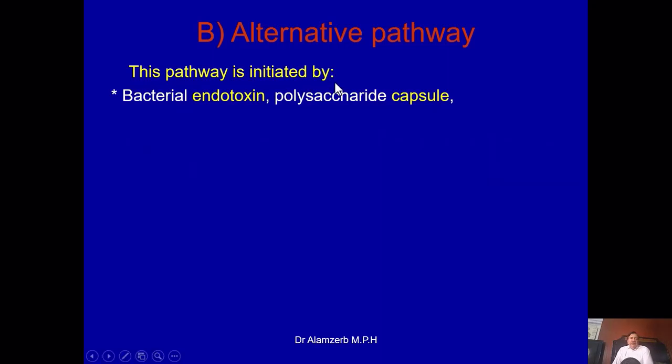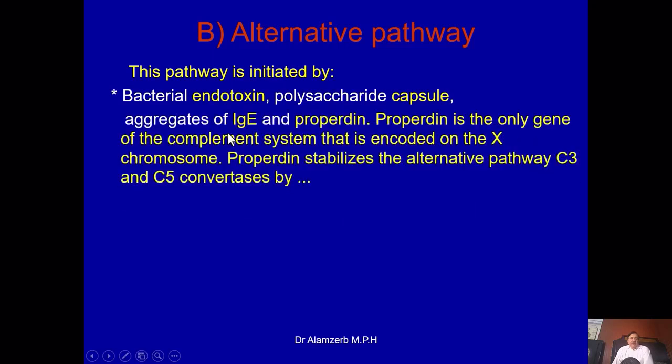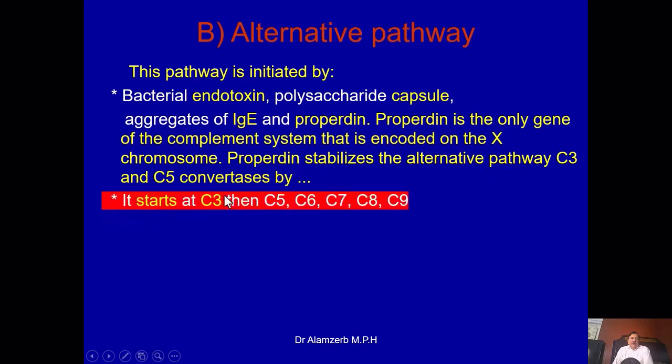The alternate pathway is initiated by bacterial endotoxin, polysaccharide capsule, aggregates of IgA and properdin. Properdin is the only gene of the complement system that is encoded on the X chromosome. Properdin stabilizes the alternate pathway C3 and C5 convertase. It starts as C3, then C5, C6, C7, C8, and C9.